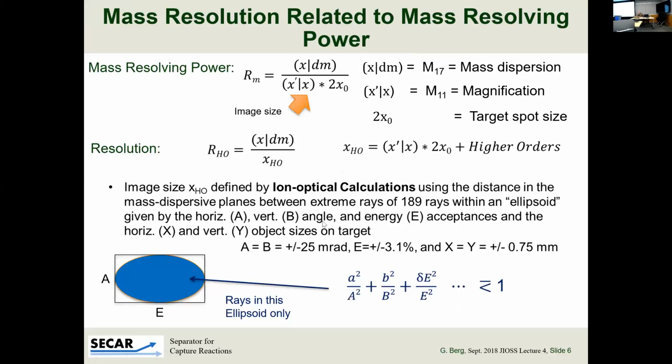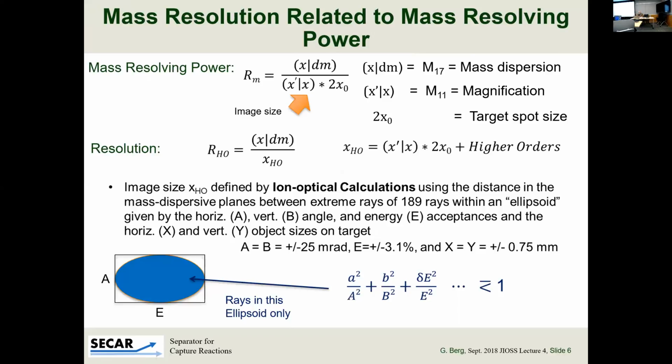And the emittance is given by, of course, the acceptances, but then this includes extreme rays like a rectangular emittance here, and the corners you actually don't see.